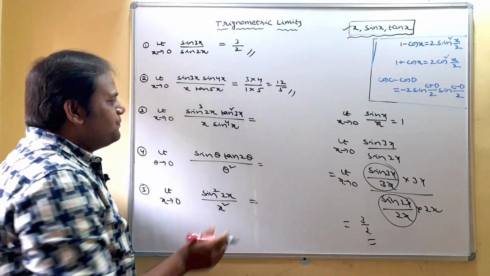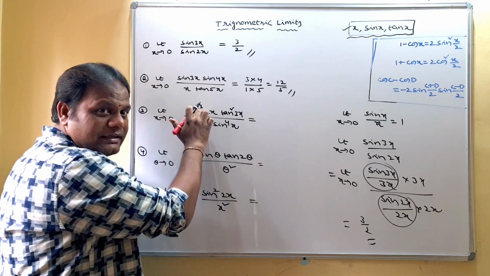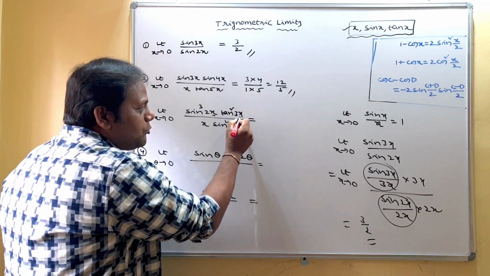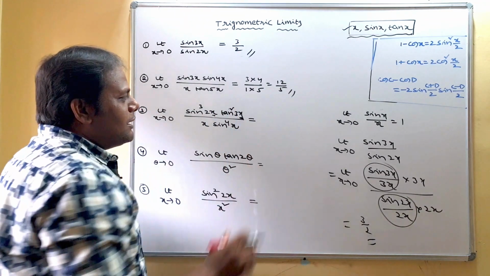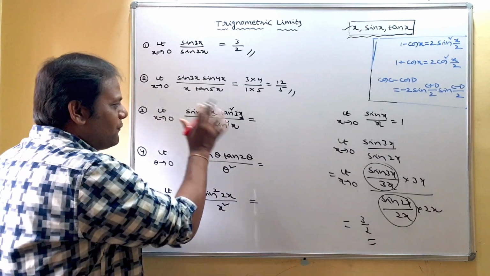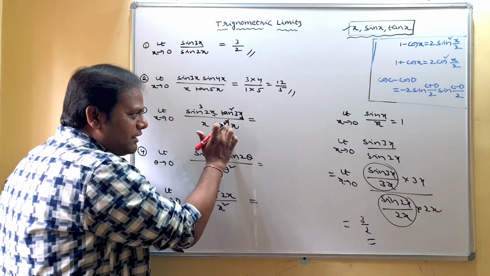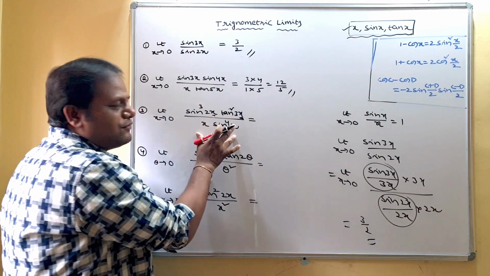Coming to this problem, in the numerator, how many x are there? x cube, so here we have 3x, don't get confused. Here, how many x do we have? x square, so 2x. Totally, how many x are there in the numerator? 5. Coming to the denominator, here we have 1x and here we have x power 4. Is it right? So totally 5x we have.